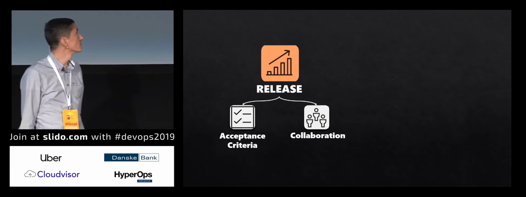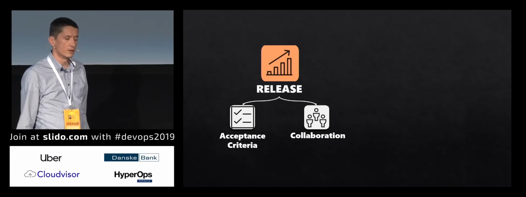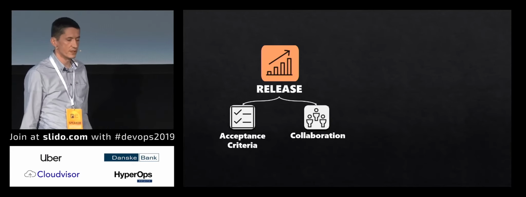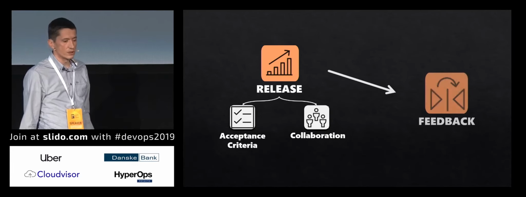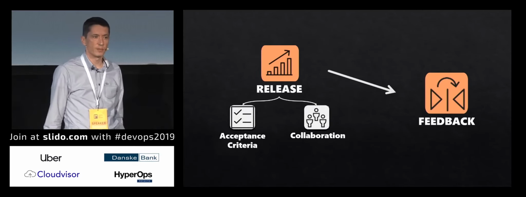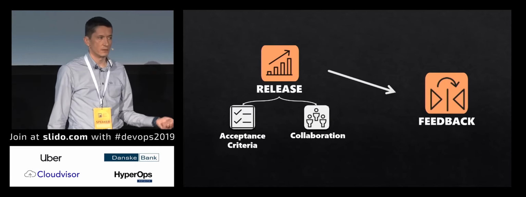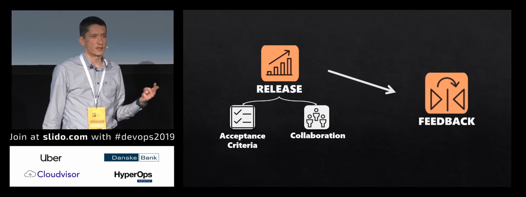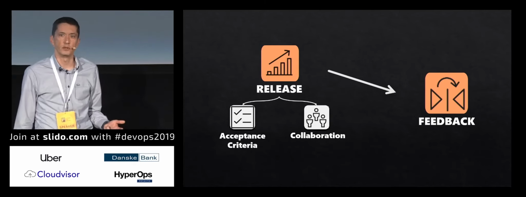Collaboration is very important for the release phase of the business analyst's work. And also the feedback, as I mentioned, it's important to have feedback from all 3 parties: the team, the customer, and the end user of the product.